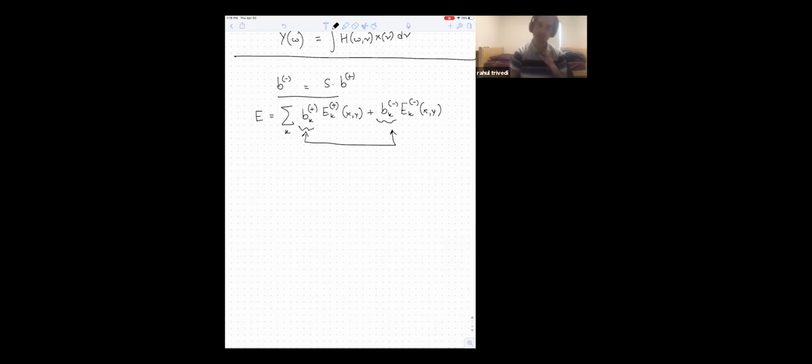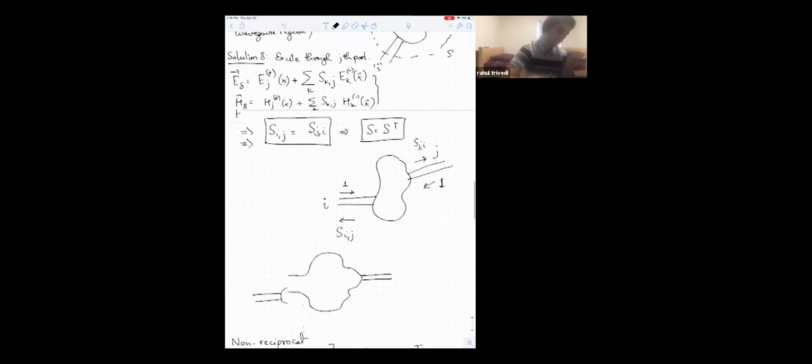Does this make sense? When we are constructing these solutions, what we are saying is that I send in a forward propagating wave in exactly the ith mode, which is the reason why you only have one E i plus. If you write the total electric field, you just have a forward propagating wave in the ith mode. And then you write down the electric field for all the backward propagating waves, which in general are going to come out of all the modes.